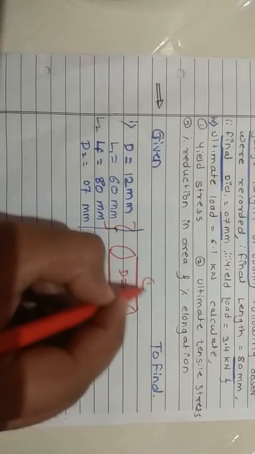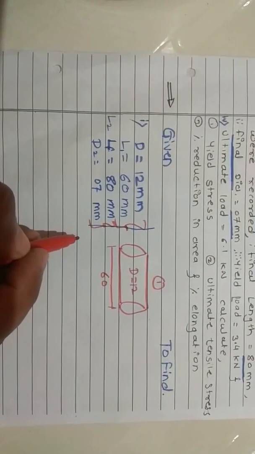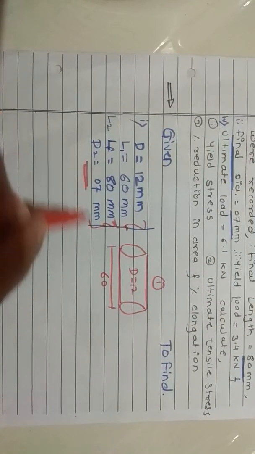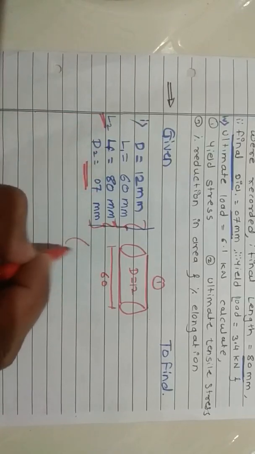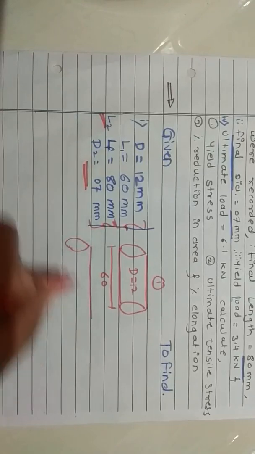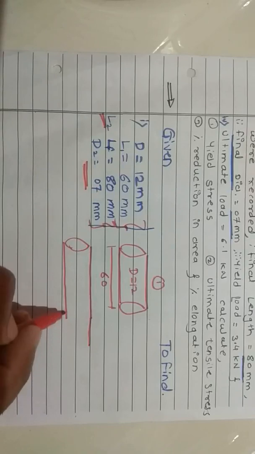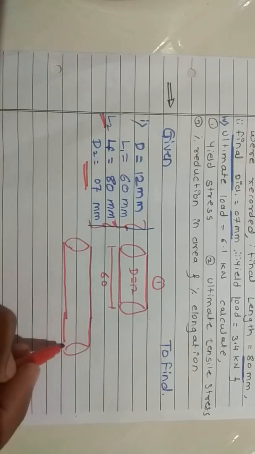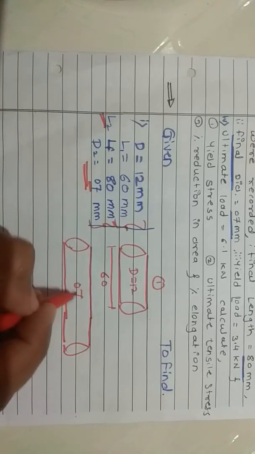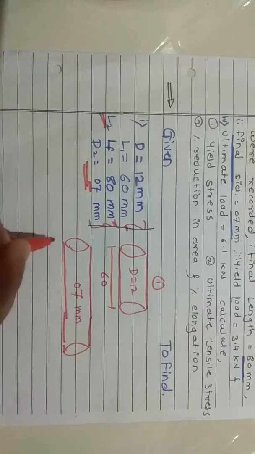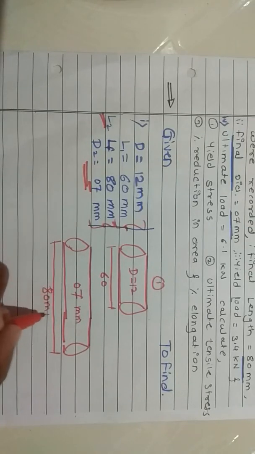This is the first case, and when the observations are recorded, then in the next case, LF, that is the second length, we will draw the same component. Here the length of the rod increases, but the diameter of the rod decreases. Now 7 mm and this length is 80 mm.